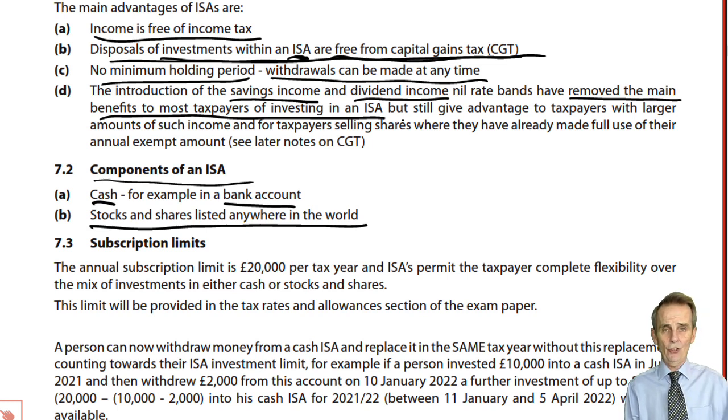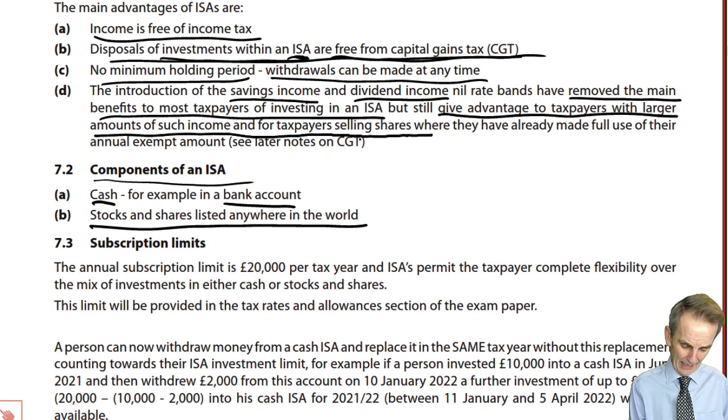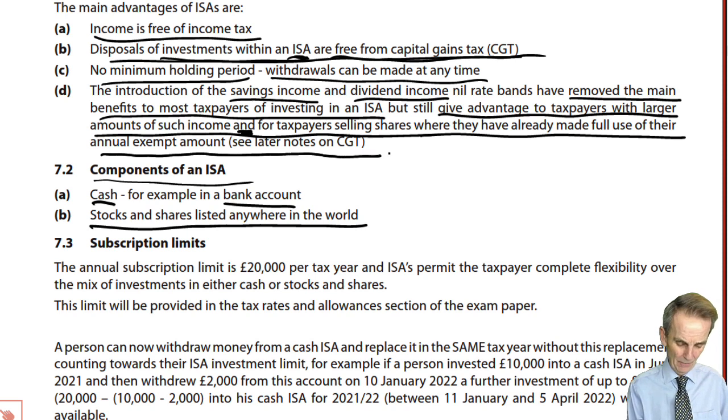And if you've got stocks and shares, then you've got the £2,000 dividend income nil rate band. Now, it would still, of course, give advantage to taxpayers with larger amounts of such income, and for taxpayers selling shares where they've already made full use of their annual exempt amount. Now, two issues there.